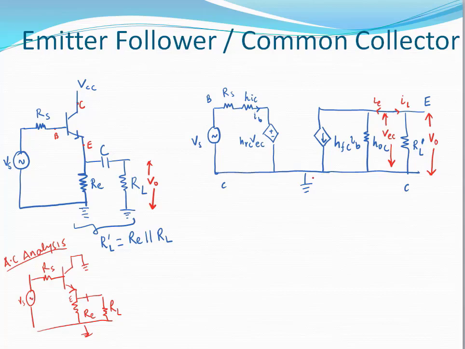Collector is a ground terminal, so RL dash we have taken between emitter and collector terminal. So this RL dash will come in parallel with HOC. The voltage drop across here would be VEC.